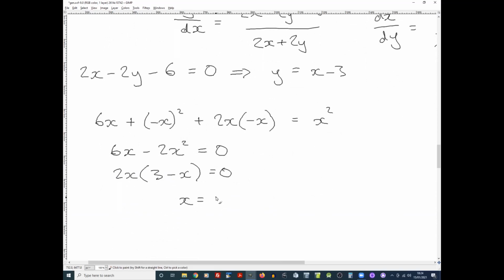Minus x, which is minus x squared. And then that is minus 2x squared.